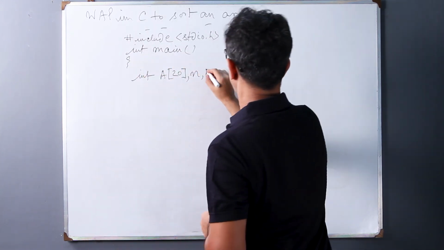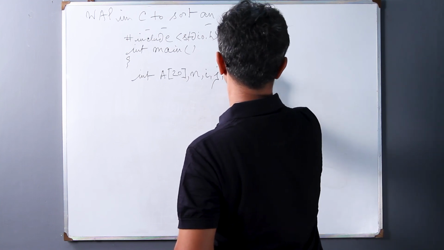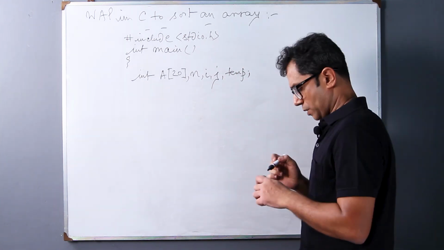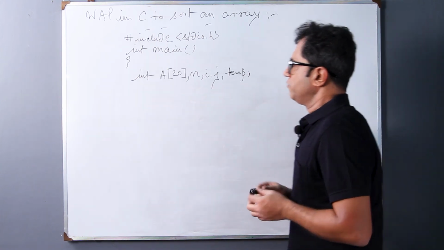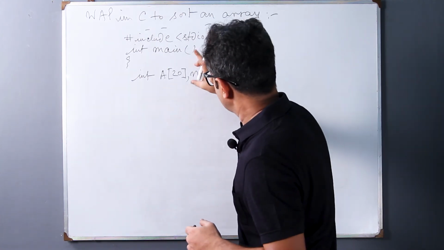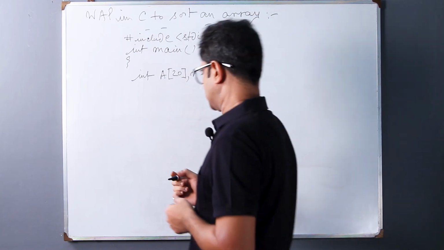n, i, j, and the temporary variable temp. So these are the required variables for this program. Then we will take the input n from the user, that is how many elements he or she wants to enter.